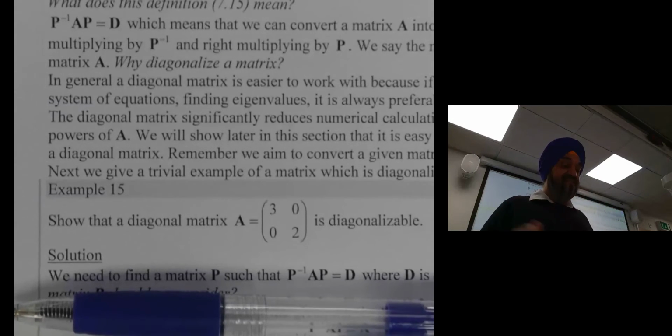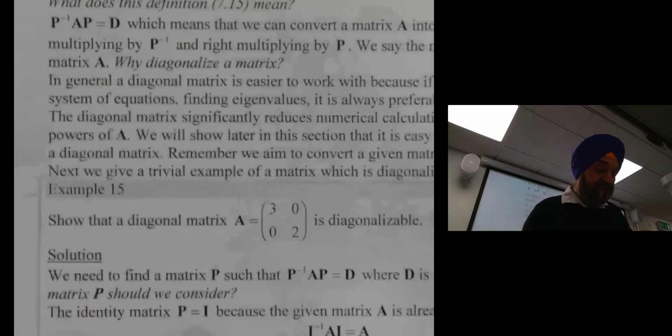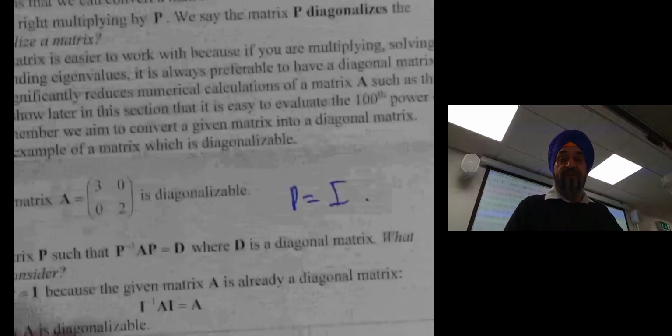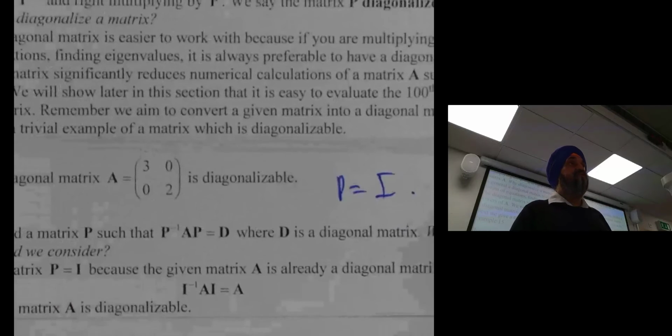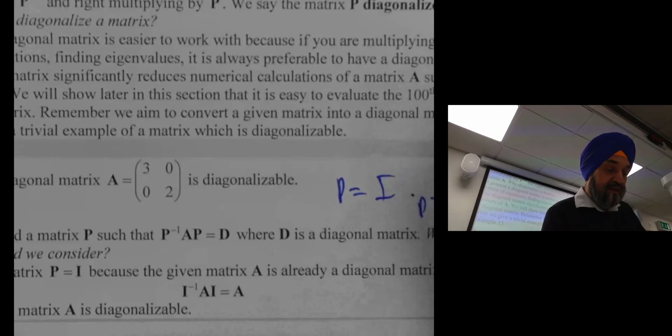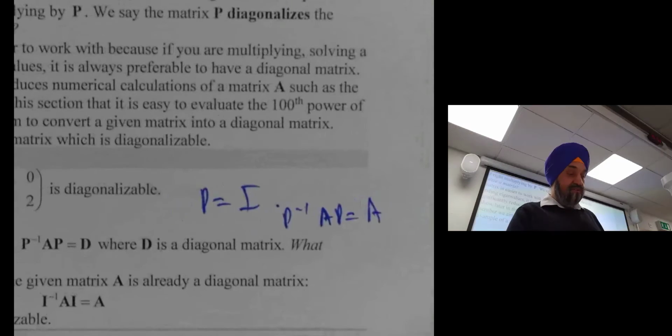Of course, it's going to be I. That's trivial. And so if you do P minus 1 A P, you'll get the same matrix A, which was already a diagonal matrix anyway.